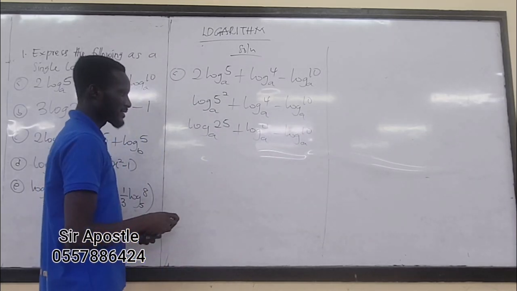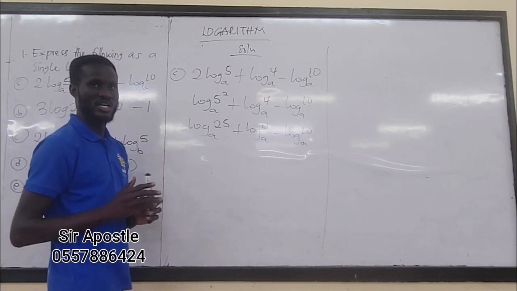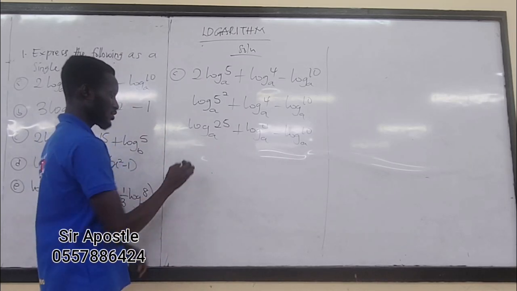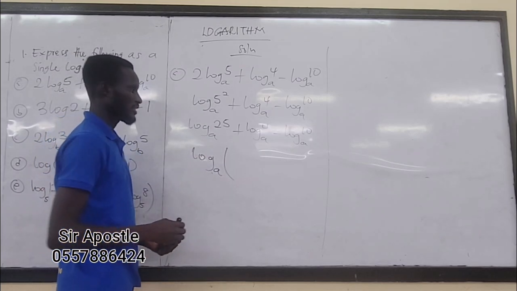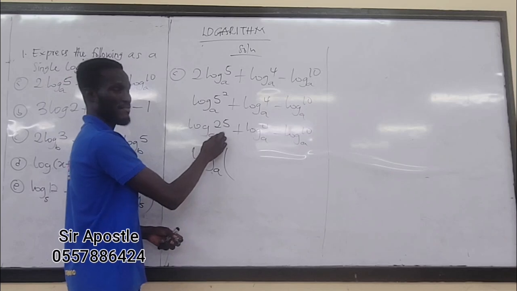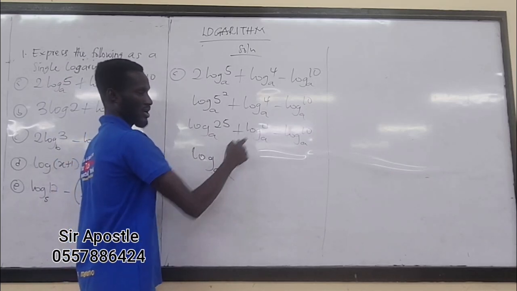Now we have addition and subtraction, where the addition means multiplication and the subtraction means division. So I have to take one of the log base a. This one is log 25, which is positive, so we have 25 plus log 4.